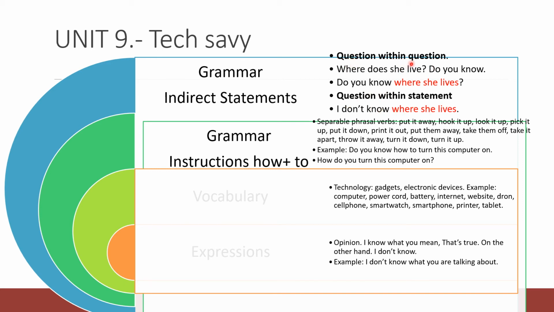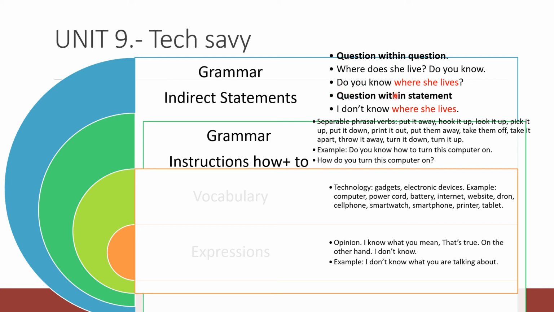When we have questions within questions, it means that we are going to have a direct question, but also using expressions like do you know, can you tell me, do you have any idea? So we put the two sentences together and we have do you know where she lives? So remember, just the first part of the sentence is the question, using in this case the auxiliary verb, subject, and verb.